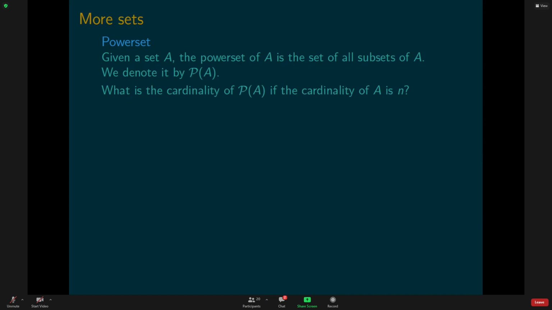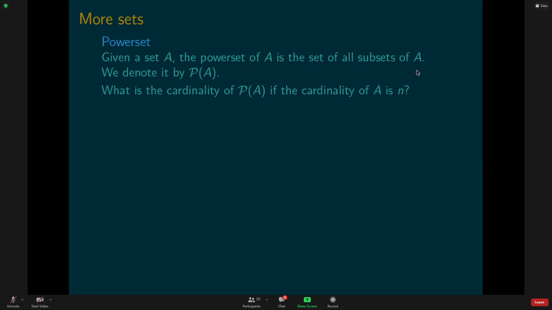It's not n times n. Yunus Emre is right. So it's 2 to the n, right? This you should remember, right?